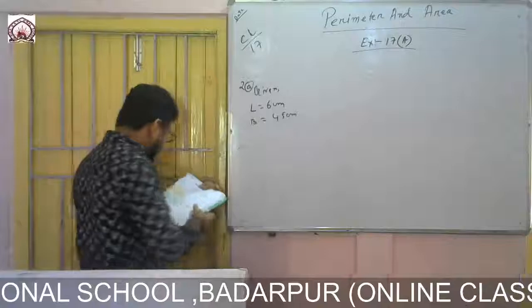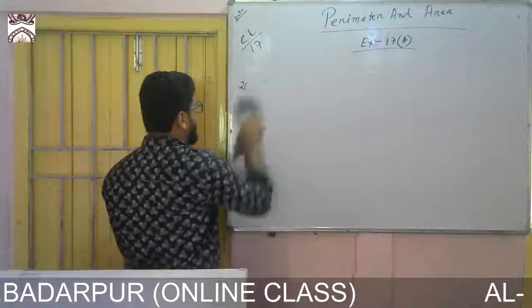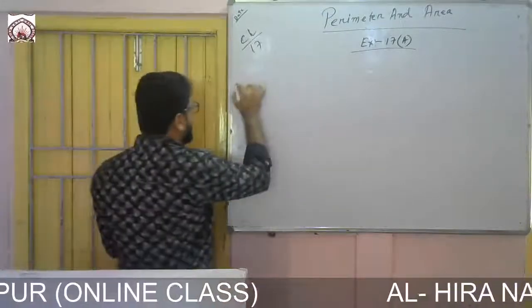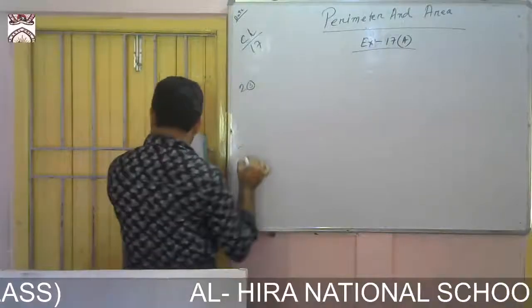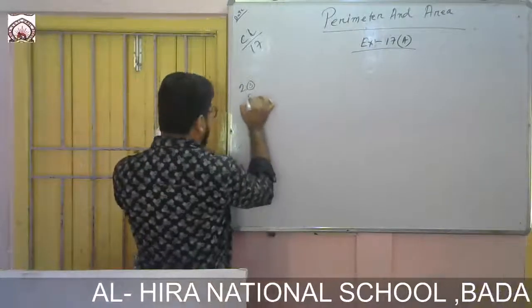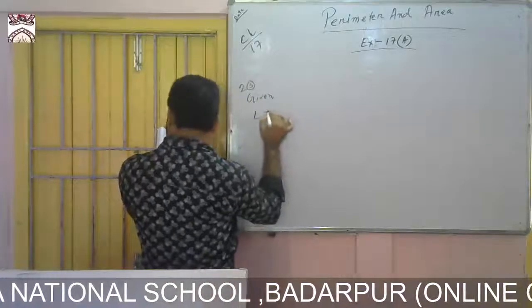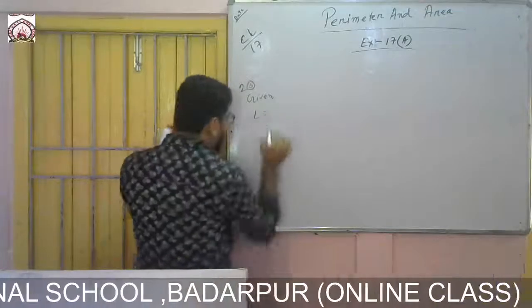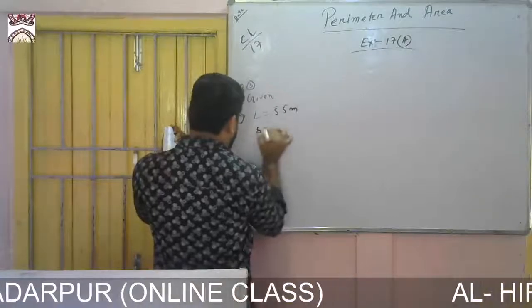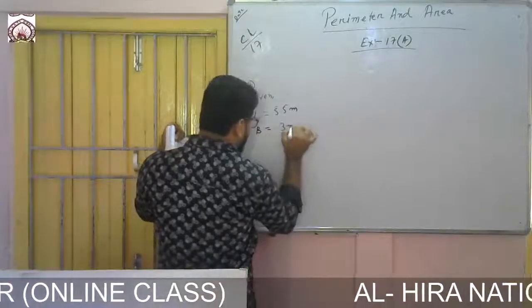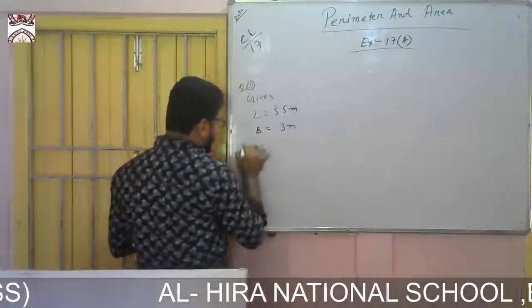Okay, 2a done, from 2b we shall start. Given L equals 5.5 centimeter, B equals 3 meter. Therefore P equals what?